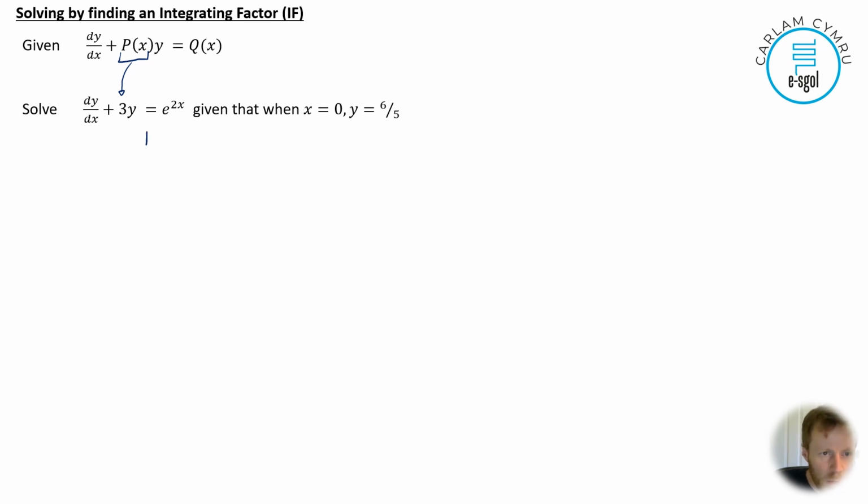So p of x equals 3. That means that our integrating factor, f, will equal e to the power of the integral of 3 with respect to x. Well, that equals e to the power of 3x. So that's our integrating factor.